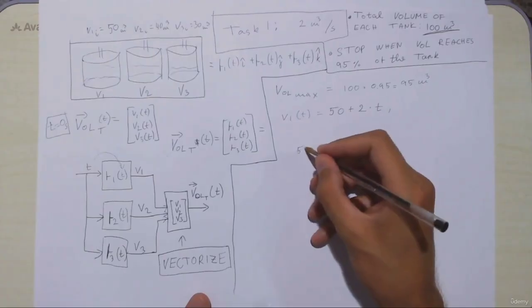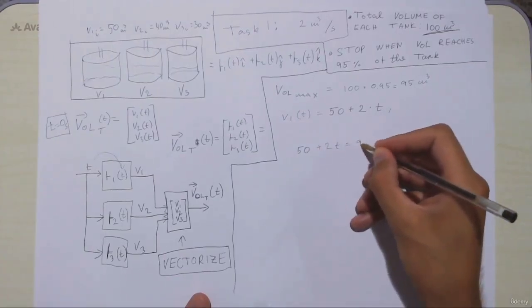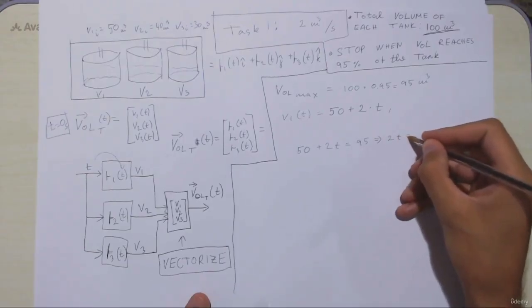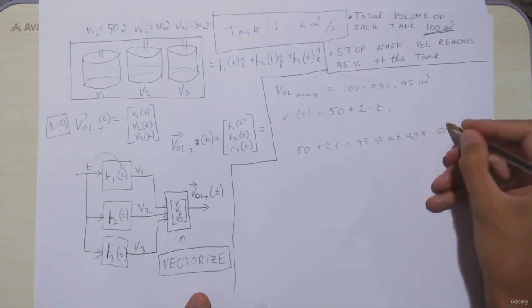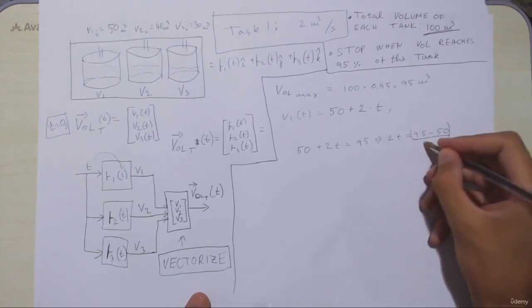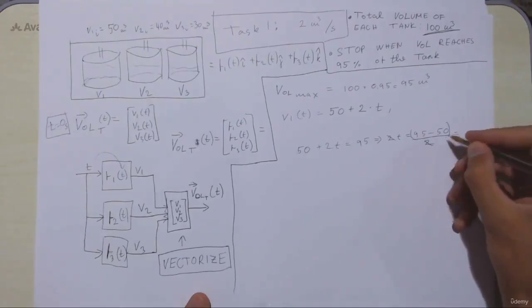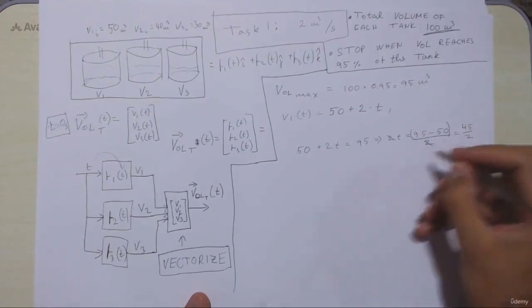We can say that 50 plus 2t equals 95. So it will be 2t equals 95 minus 50. And of course, to find the time, we have to divide it by 2. So that would be 45 divided by 2.